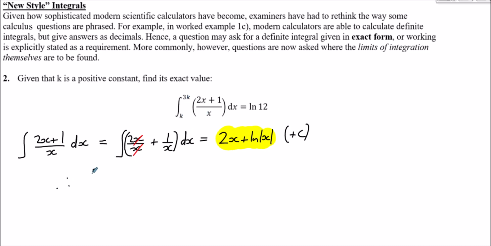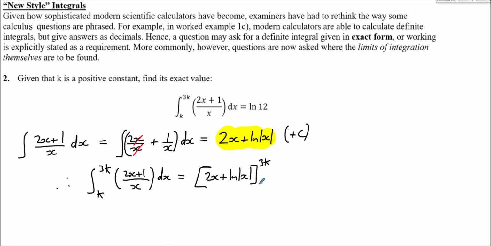So the integral from k to 3k of 2x plus 1 all over x with respect to x is going to be 2x plus ln mod x between the limits of 3k and k. And of course we know what this is. We're told it needs to be ln 12.